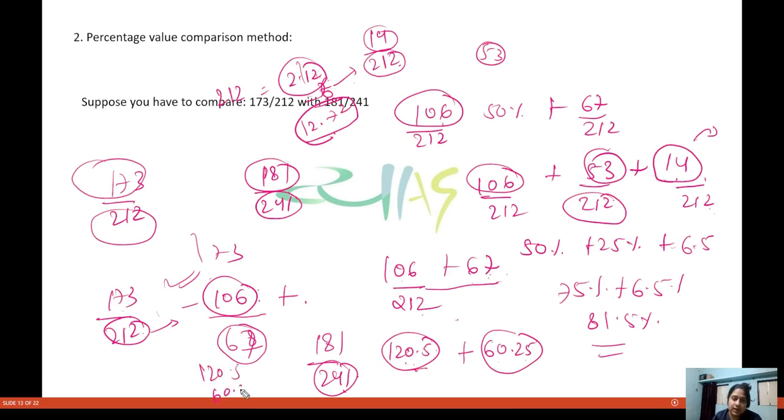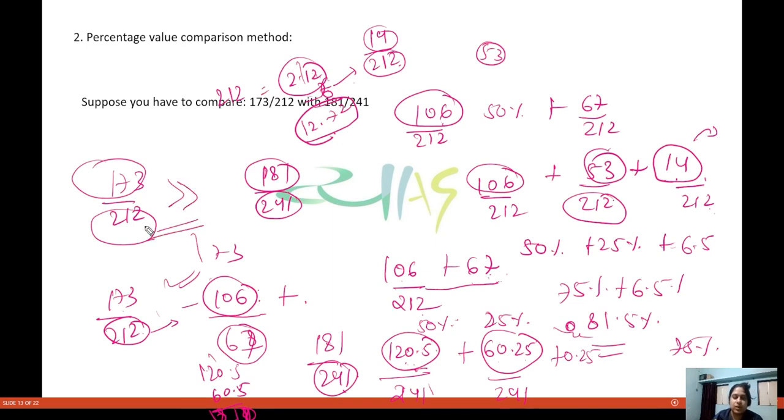Now let us look at the numerator and denominator percentage change method. This is different from the percentage method. What I am seeing here is how much percentage change there is in the numerator and denominator.